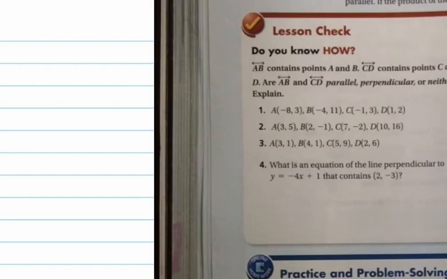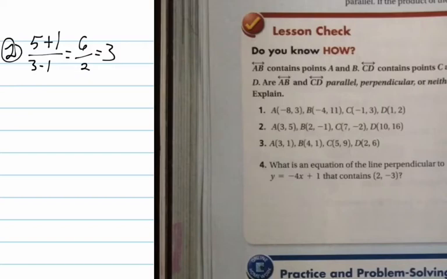I'm going to do number 2 over here. So just looking at the slope, 5 minus the negative 1, so that's 5 plus 1 on top. On the bottom, 3 minus 2, so that's going to be 6 over 2. I just did number 1. That's 6 over 1.